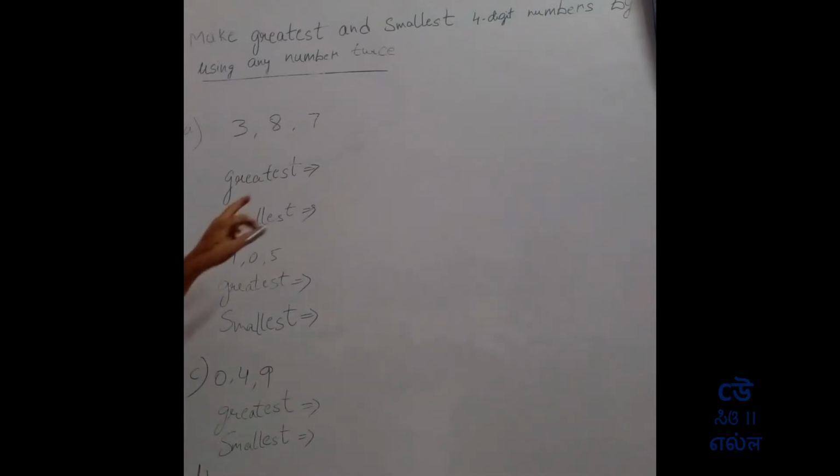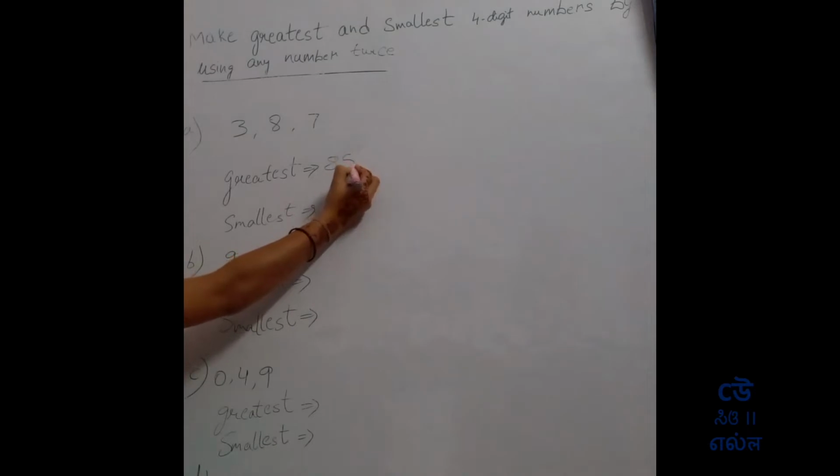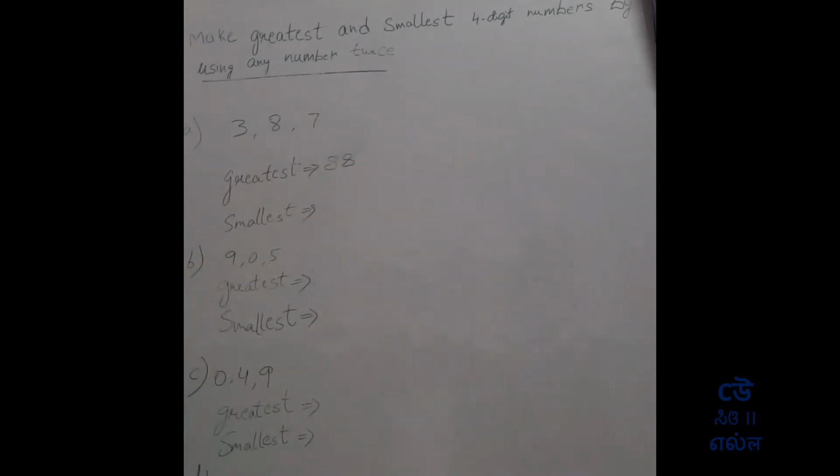In this we have to find the greatest and smallest number. In these three numbers, which is the greatest? 8 is the greatest number. We have to use any number twice, so to find the greatest number, we use the greatest digit twice. We use 8 twice and write it.